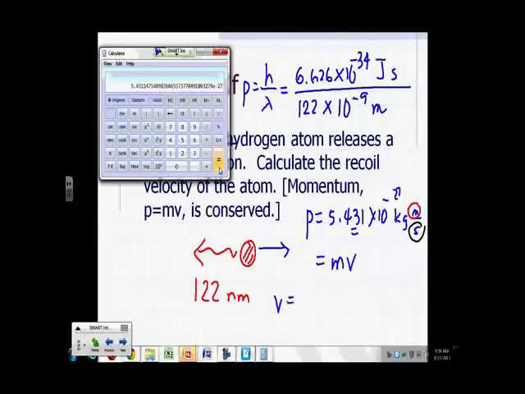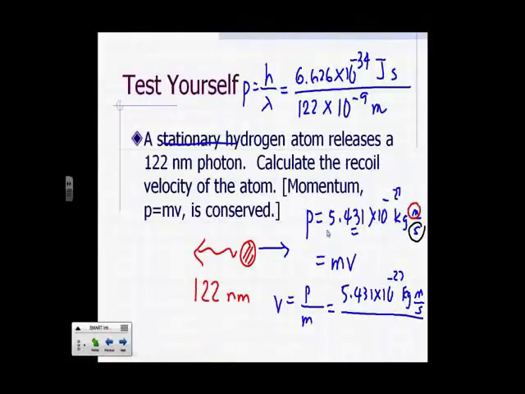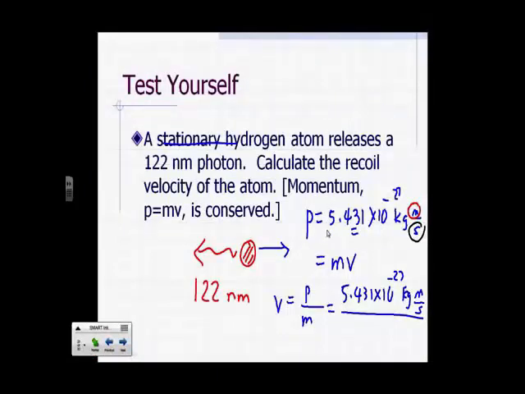So v is equal to p over m, which is 5.431 times 10 to the negative 27 kilogram meters per second divided by, what's the mass of a hydrogen atom? Mass of a hydrogen atom is 1.67 times 10 to the negative 27 kilograms.